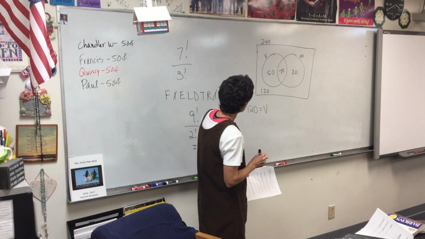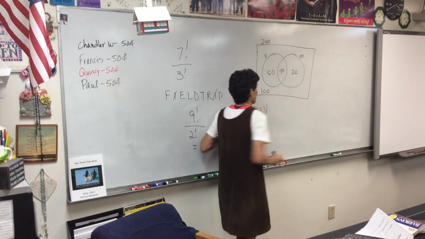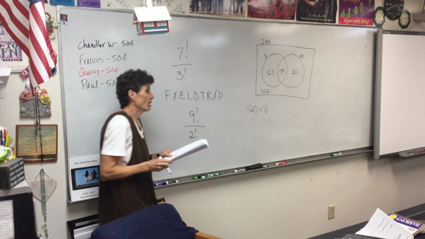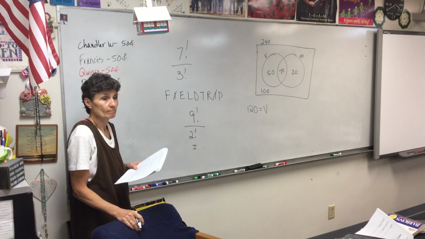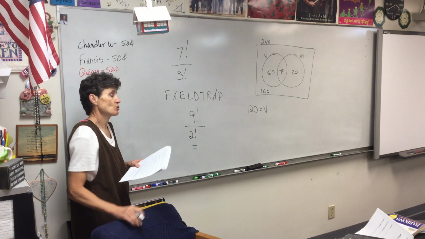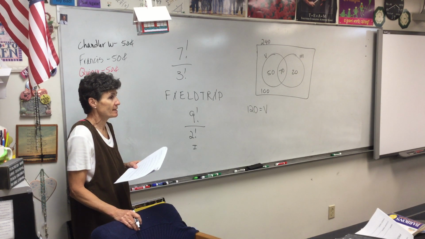Aren't there 240 altogether? Yeah. Oh wait, that's 140. Yeah, 100. Yep, 100. You're right. So there are 100 kids that don't like either one. The 300 is thrown in there to mess you up. It really doesn't have anything to do with the problem. Can you see that now that we've talked about it?